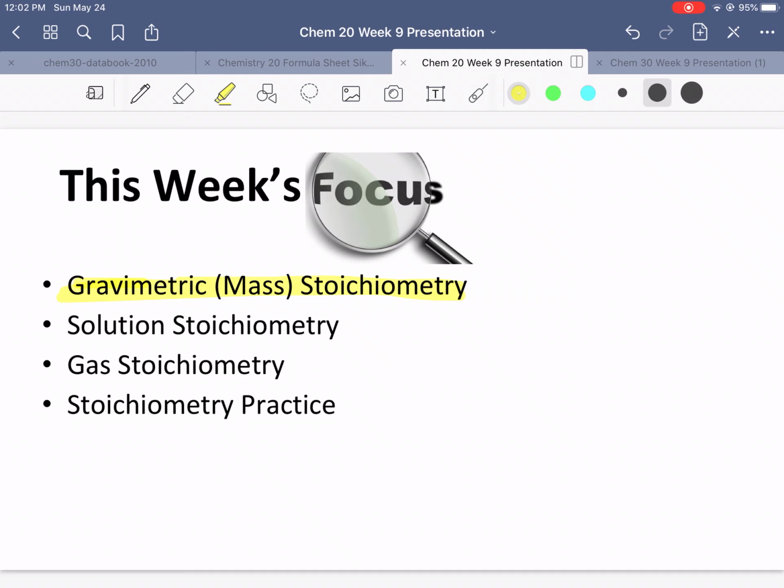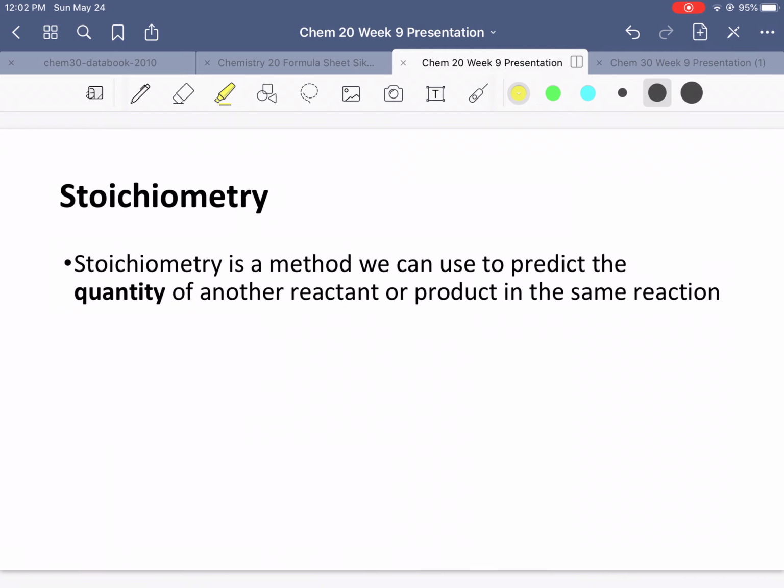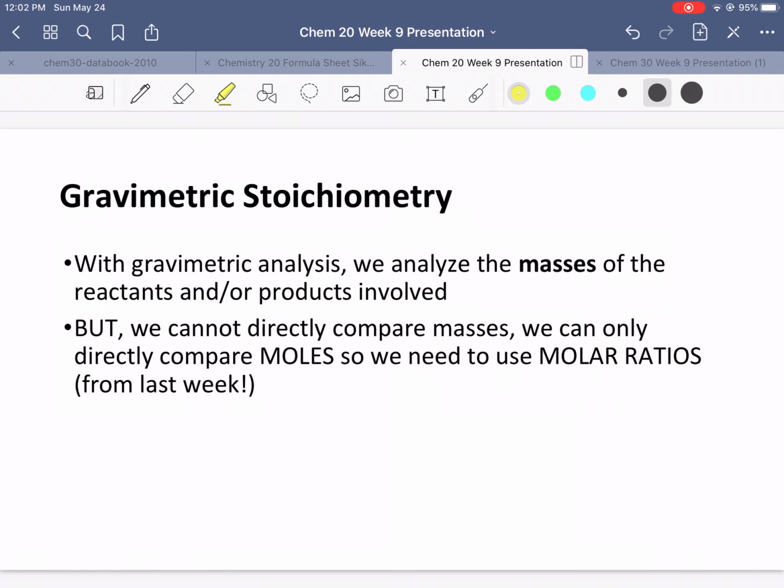This is not an unfamiliar concept, guys. When you compare quantities of an amount, in other words, of one reactant to a product in the same reaction, well, there's of course a variety of different formulas we can use to do that. And I reminded you of those a couple weeks ago when we were reviewing how to do different amount calculations, right?